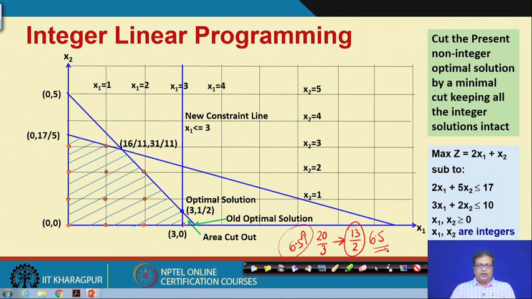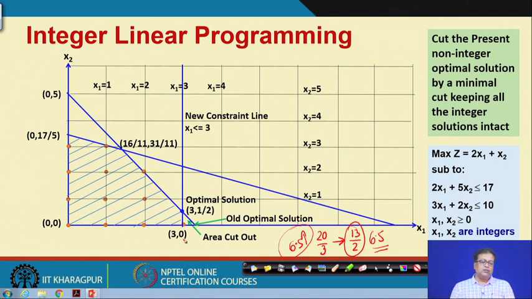So, what have we done? We have in a way reduced the objective function value. That means our LP solution was the best, but in the search of an integer solution, we have come to a point where we definitely found a solution, but again it is not integer, right.